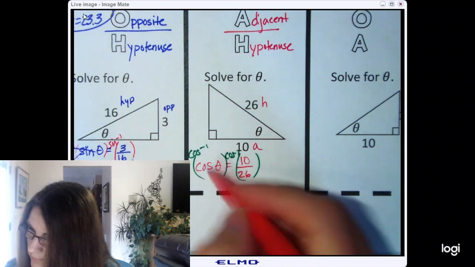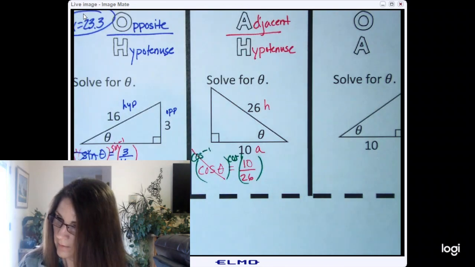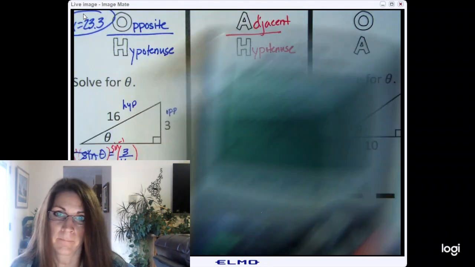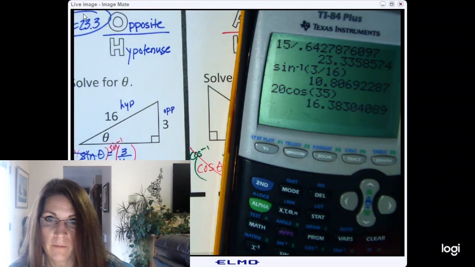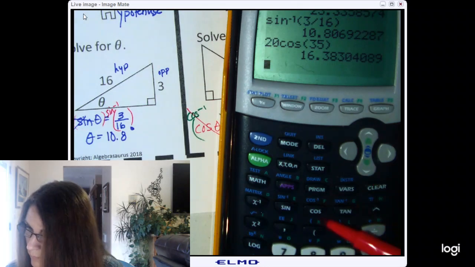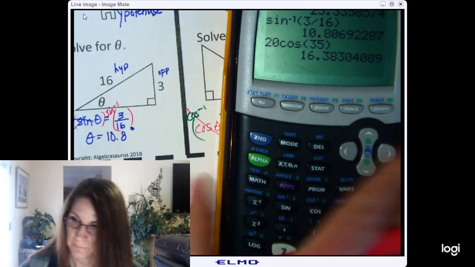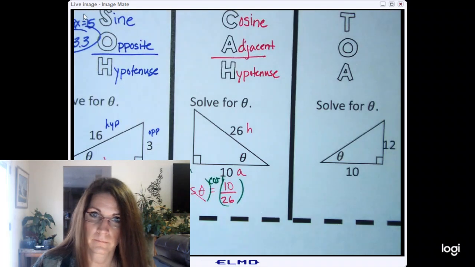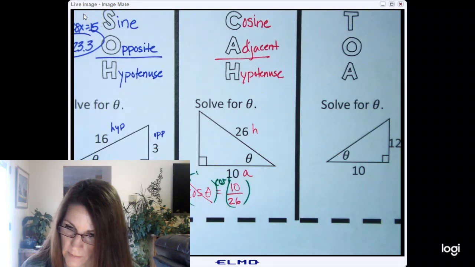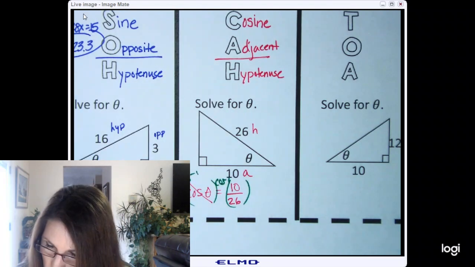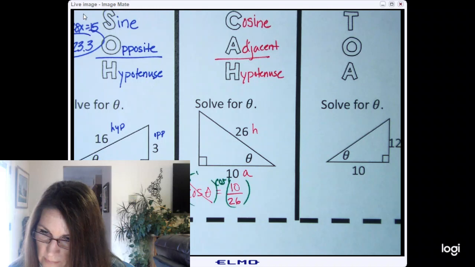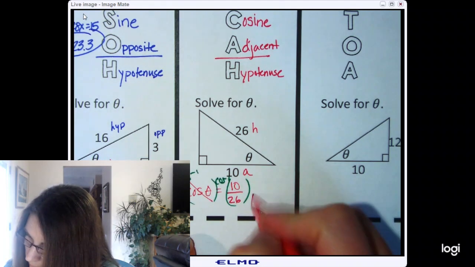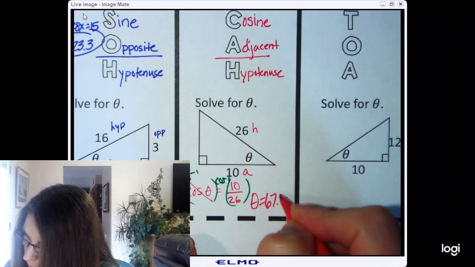Here it cancels. Same thing. I want inverse cosine, second above the cosine button right here. Second cosine, and I have 10 divided by 26, and I get 67.4 degrees. Theta is 67.4 degrees.